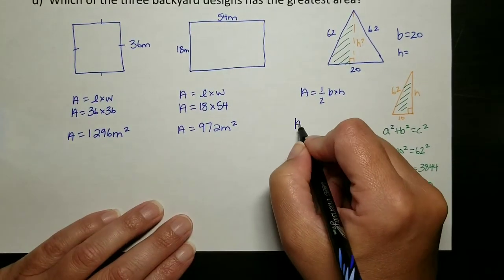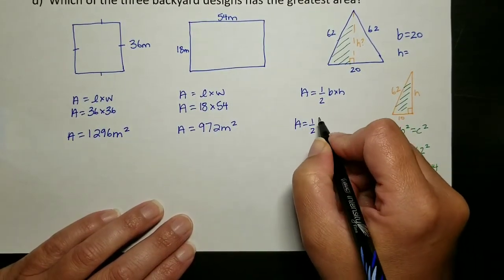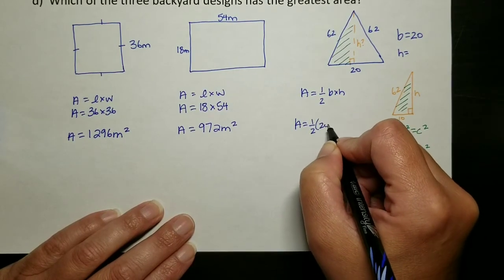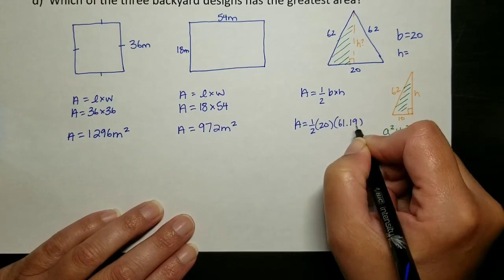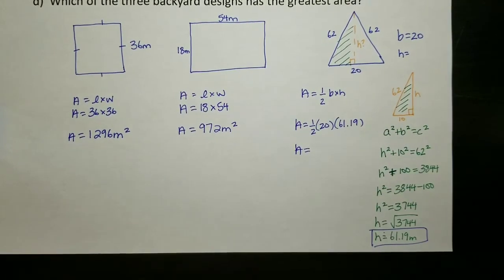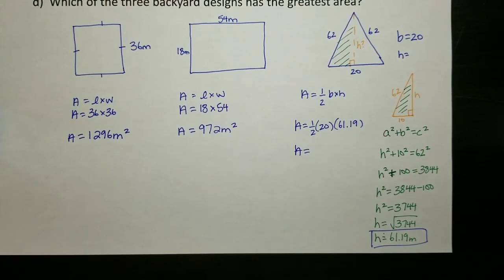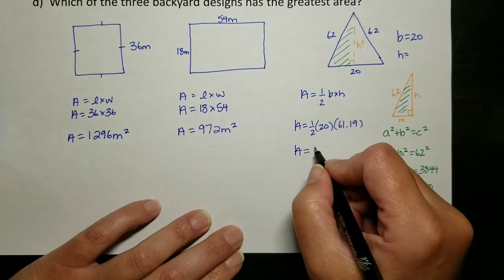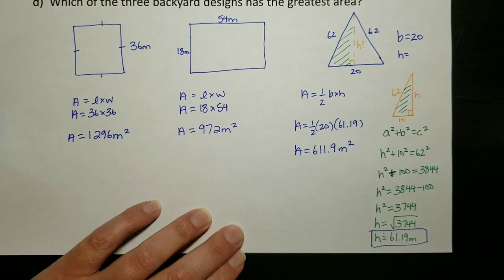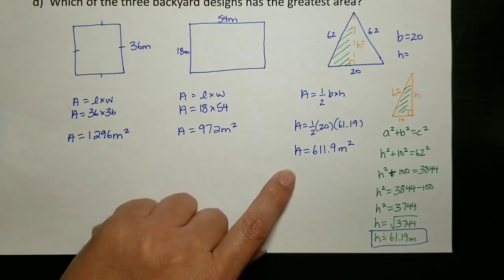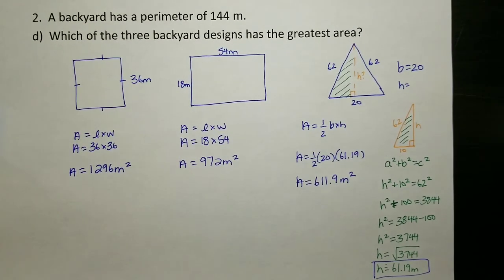Now we can use this to find the area. The area is 1/2 times the base, which is 20, times the height, which is 61.19. So we get 611.9 meters squared. This one, the triangle, ended up with the smallest area of all.